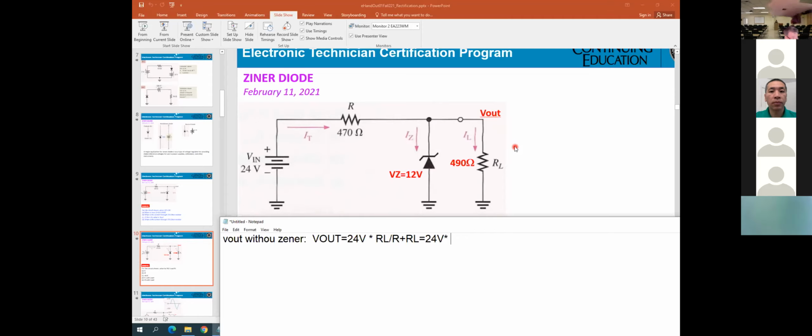Okay, times R1 is 470. Divide 470 plus the load. Mr. Fan, it should be 490 divided by 490.